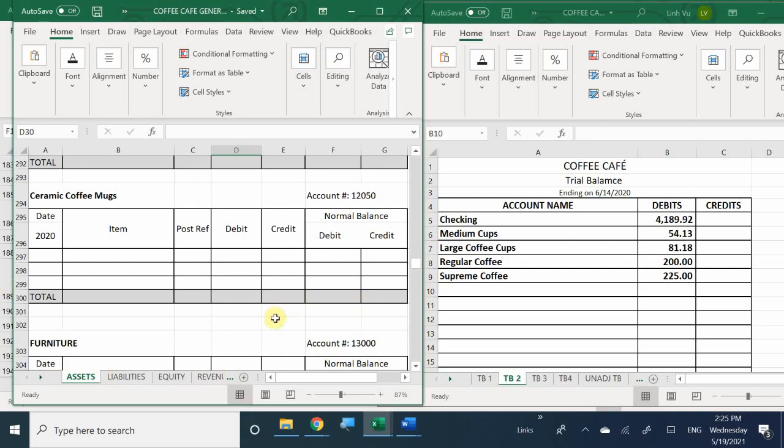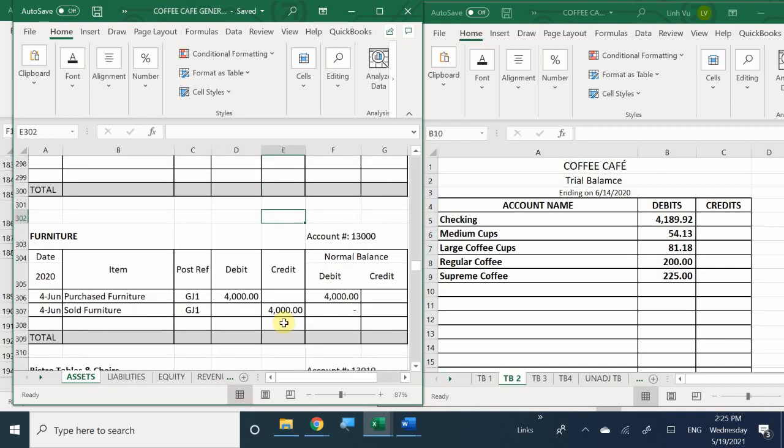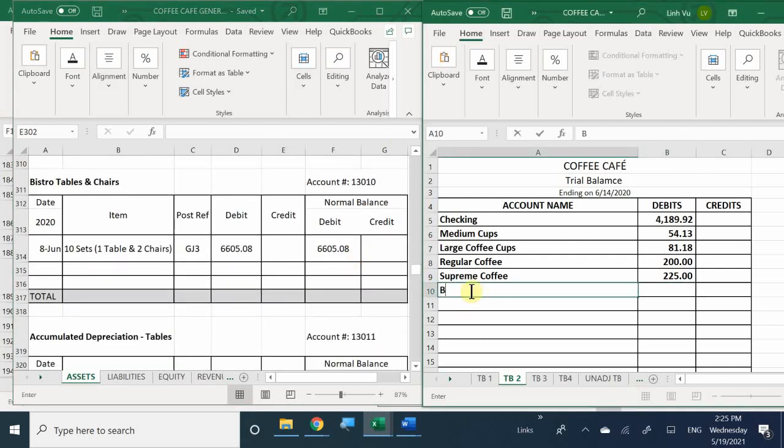Right. Next one we have here is going to be our furniture. There's no account balance in furniture, so we can skip this section. What about our bistro tables and chairs? Yes, $6,605.08.